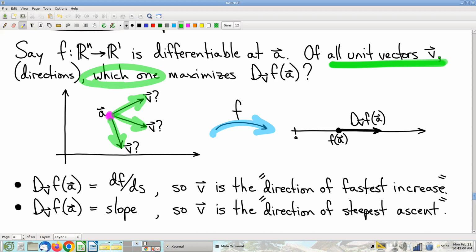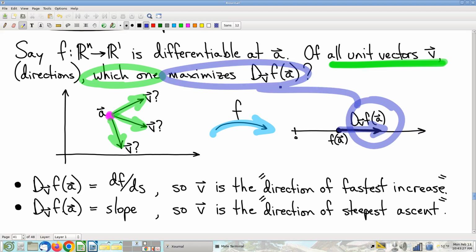Maybe a fast walk. But the question at hand is not about speed; it's about direction, and so we make that happen by requiring a unit vector. And I want to make the temperature increase as fast as possible. So I want how fast the function changes, df/ds, to be as great as possible. So I want to maximize the directional derivative.